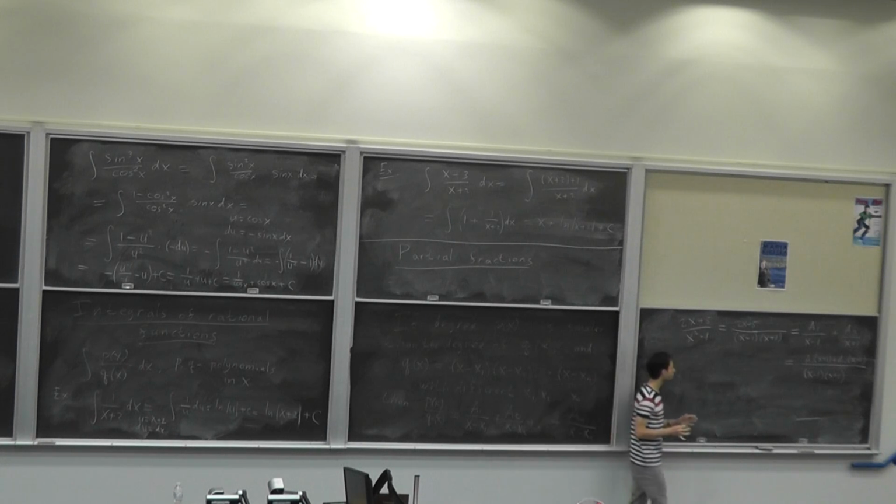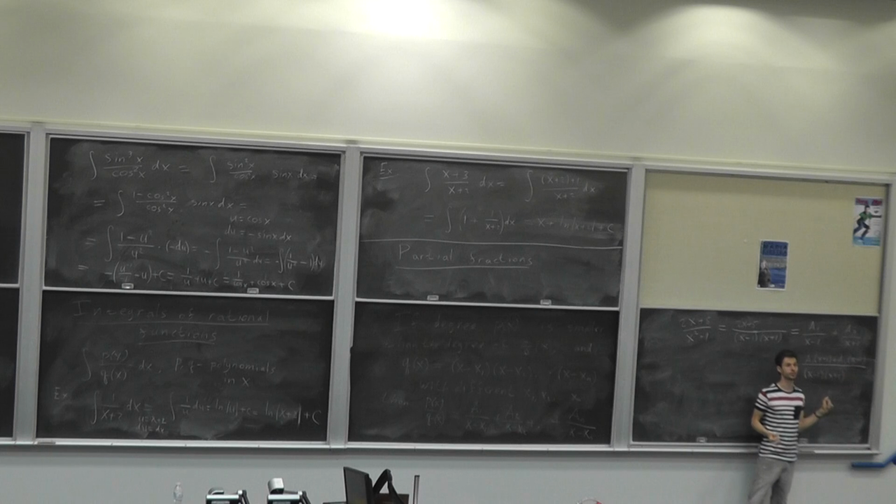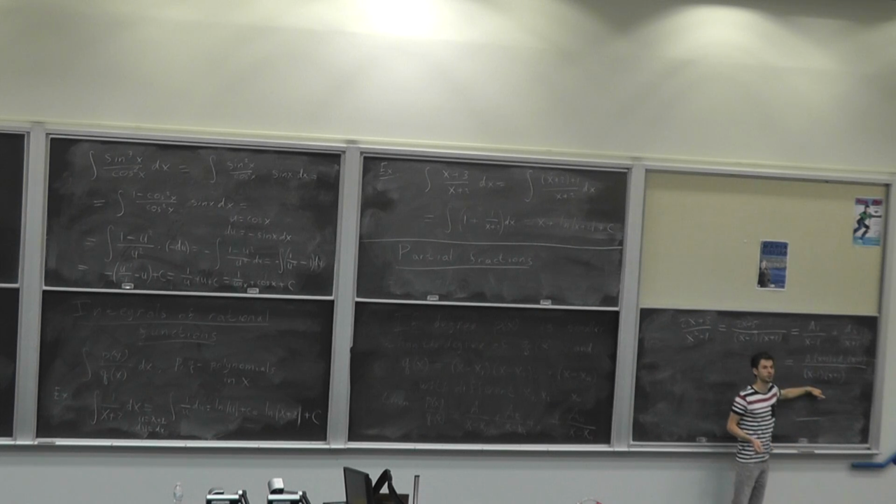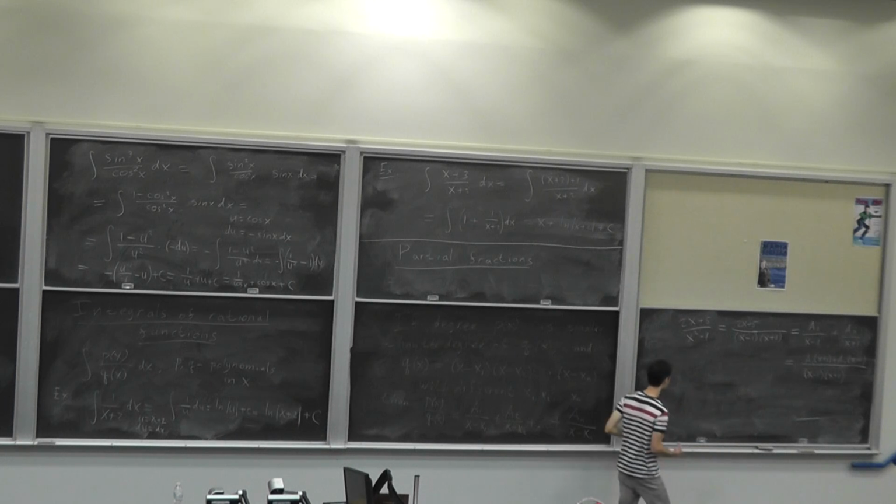So now I see how to go about finding A1 and A2. The denominators are already the same. The numerators might be different, so we try to make them equal to each other.